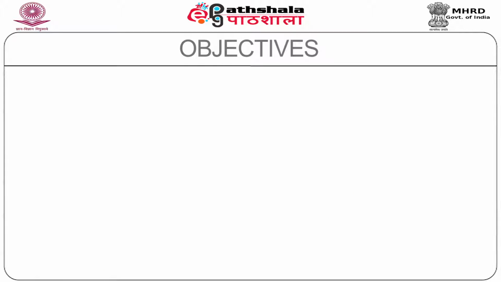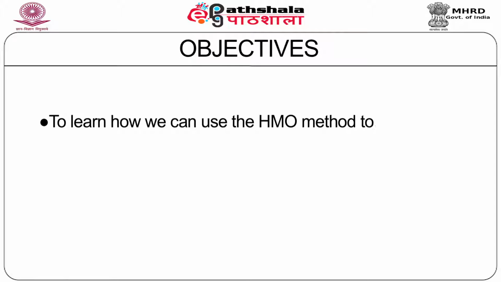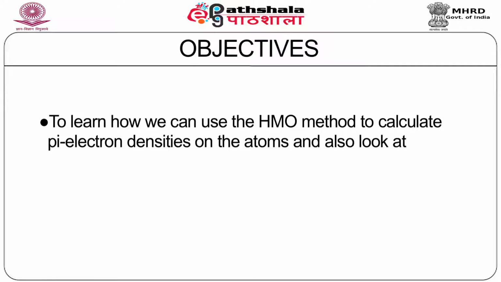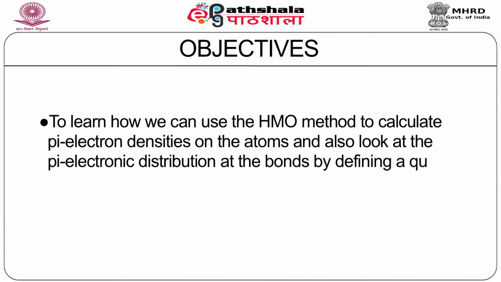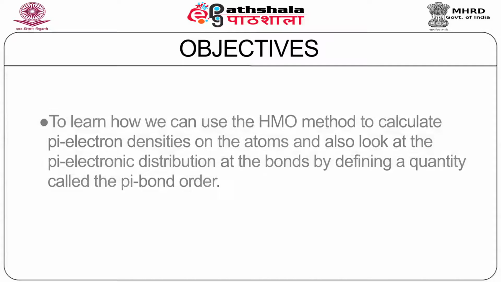In this module, our objectives are to learn how we can use the Hückel molecular orbital method to calculate pi-electron densities on the atoms, and also to look at the pi-electronic distribution at the bonds by defining a quantity called the pi bond order.